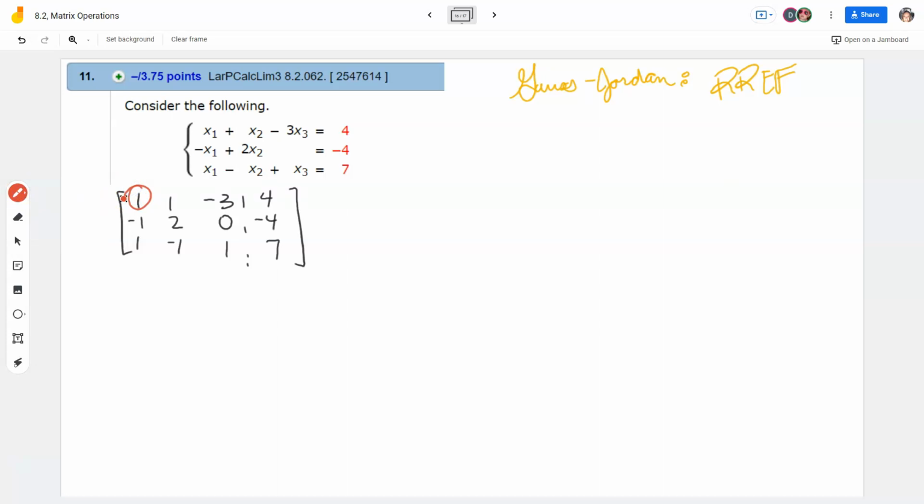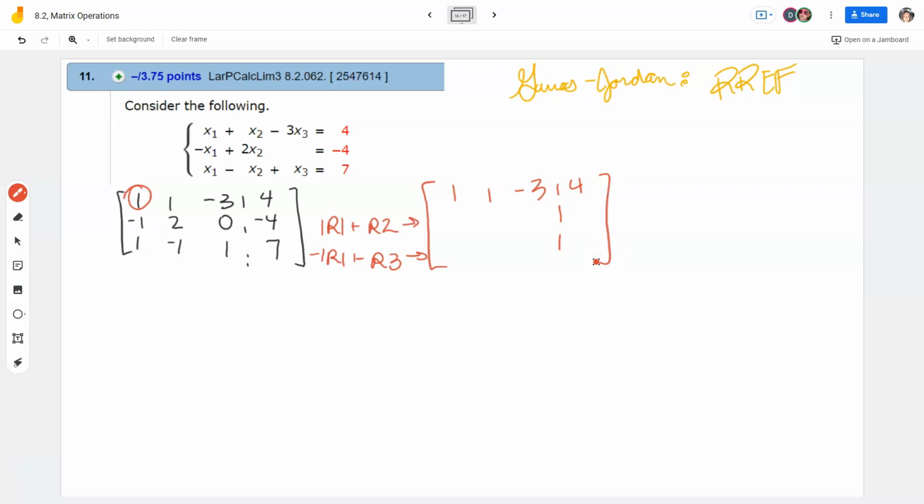And how are we going to get zeros? By multiplying the row with the 1 by the opposite, which in this case would be a negative 1, and then adding to wherever we're trying to get our 0. So this row stays the same, 1, 1, negative 3, 4.